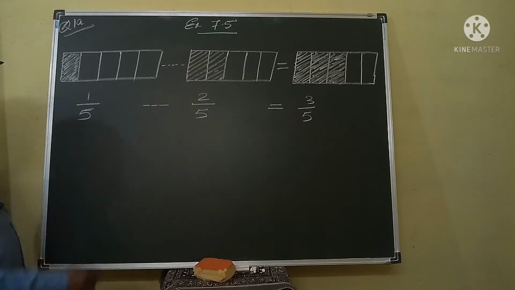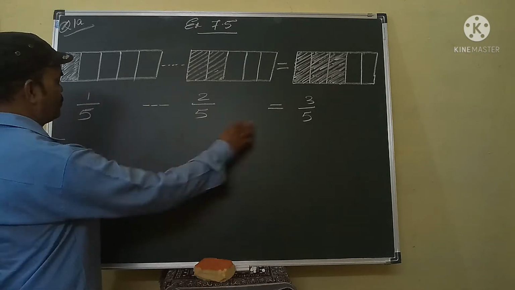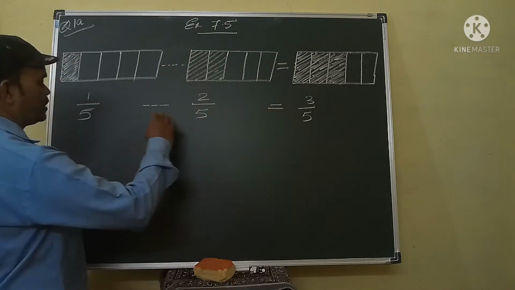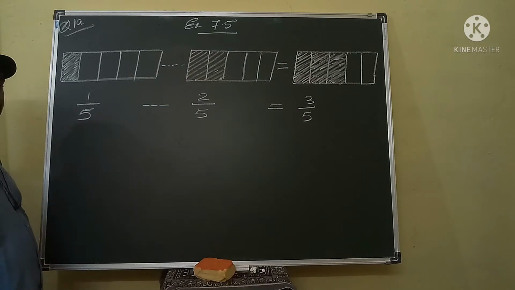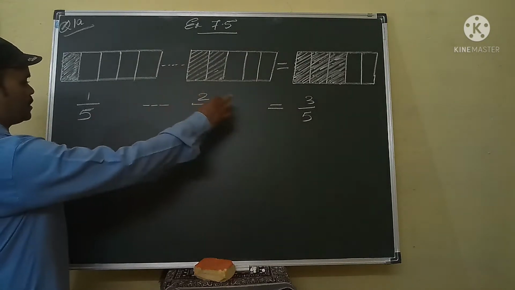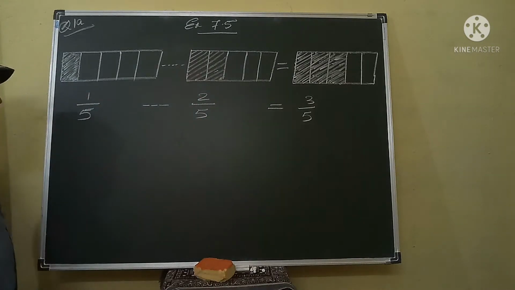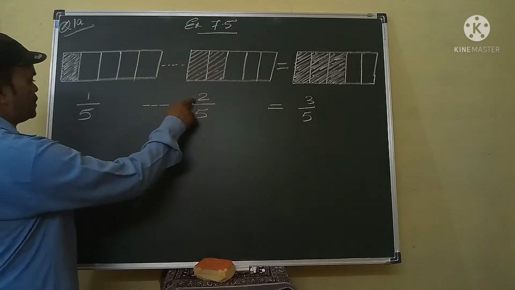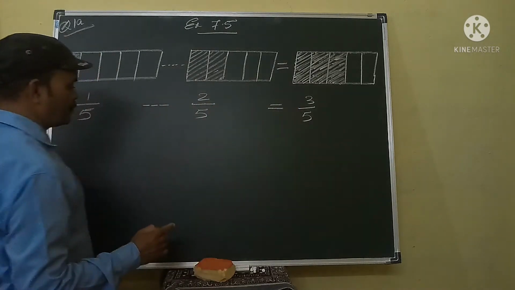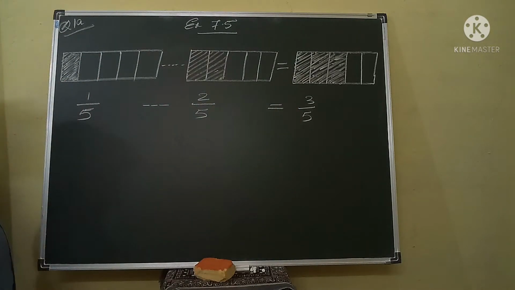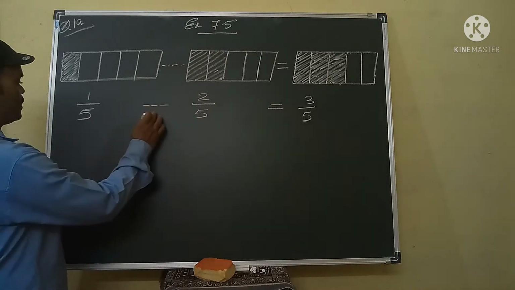You know very well that the denominators are the same in all these 3 fractions. Which sign will come here? This is 1, this is 2 and this is 3. So obviously it is very clear which sign will come here.